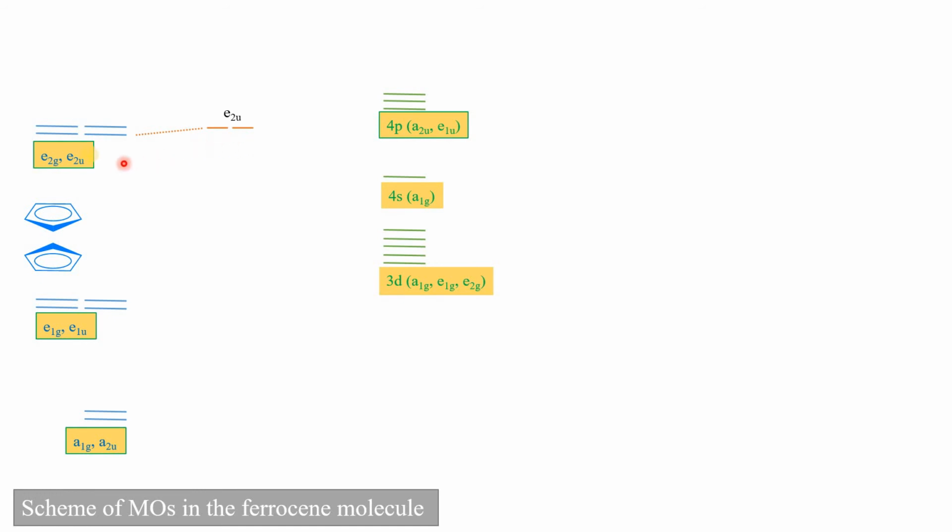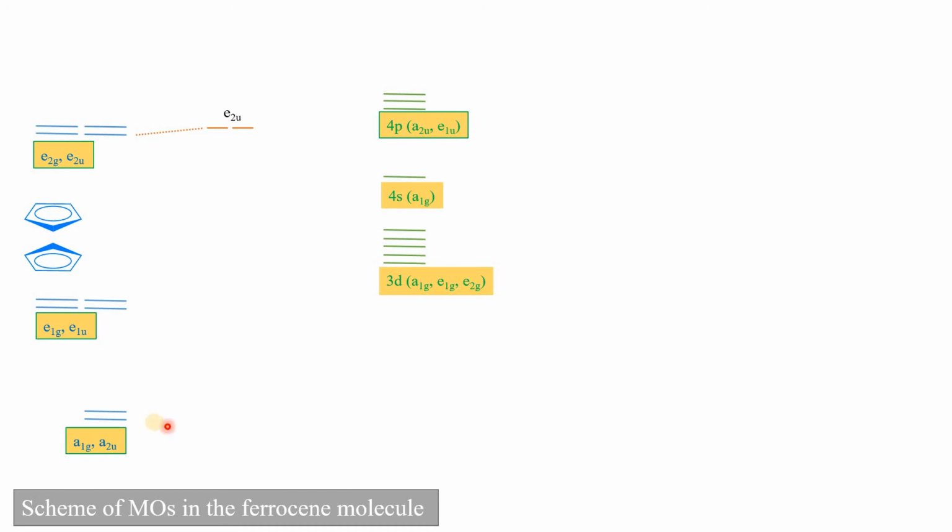Now we are left with 9 orbitals here and 9 here. So let's start with A1G. A1G is here, A1G is here, and A1G is here. So this A1G will interact with this A1G. So there are two orbitals interacting, and there is formation of two new orbitals.